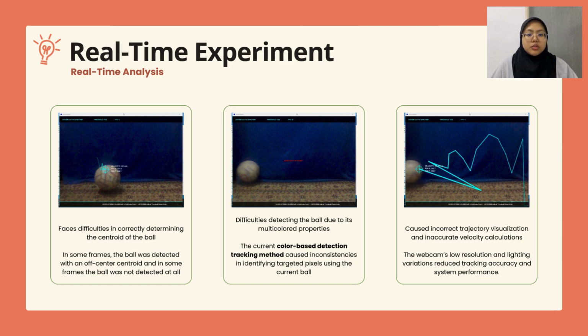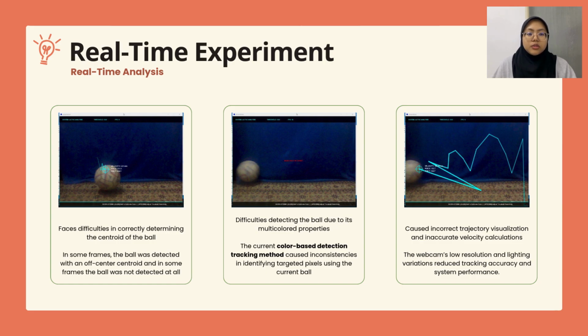Since our system used a color-based tracking method, this creates confusion for the system to accurately identify the correct targeted pixels. And lastly, due to all of these problems, it caused incorrect trajectory visualization and also velocity calculation, with some trajectories not representing the actual motion of the ball.